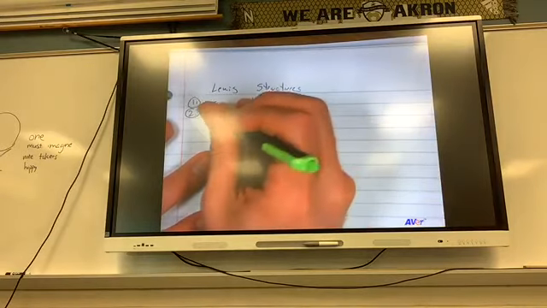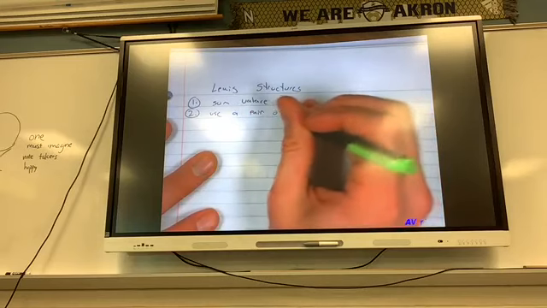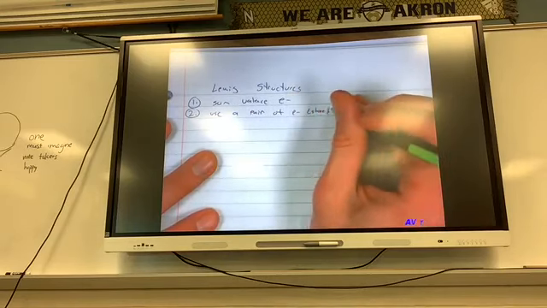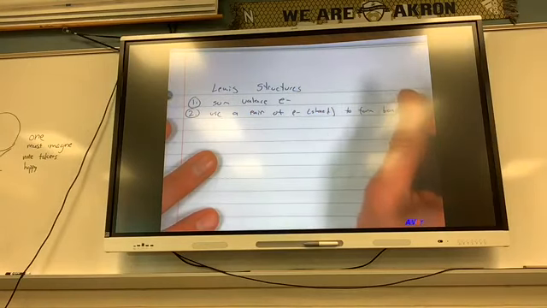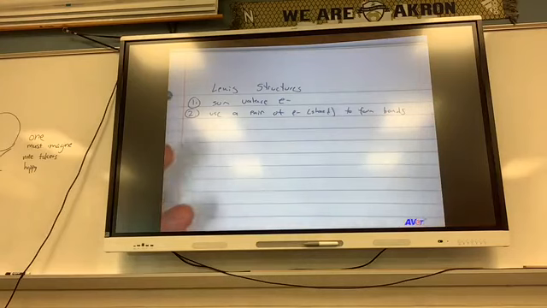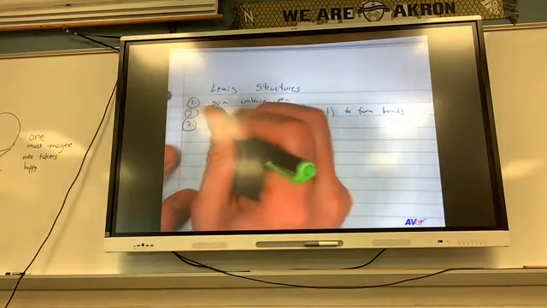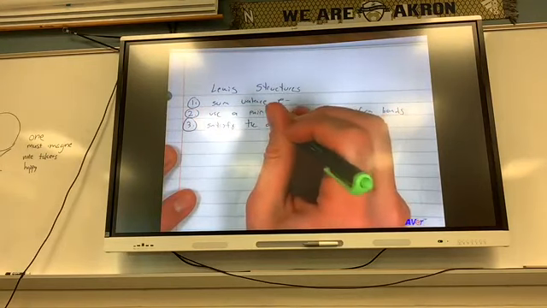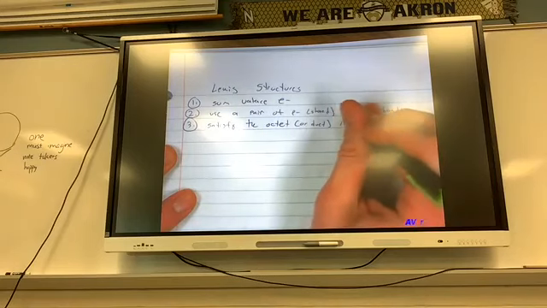Step 2, use a pair of electrons. Remember, these are shared to form bonds. Use a pair of electrons to form bonds. And then step 3, satisfy the octet or duet rule.